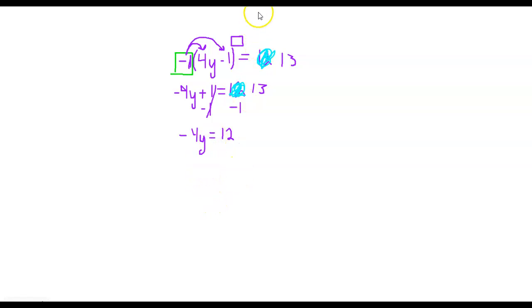Okay, now I want to get the y all by itself. And the y is being multiplied by -4. The opposite of multiplication is division, so I got to divide by something. Whatever I do to one side, I have to do to the other.